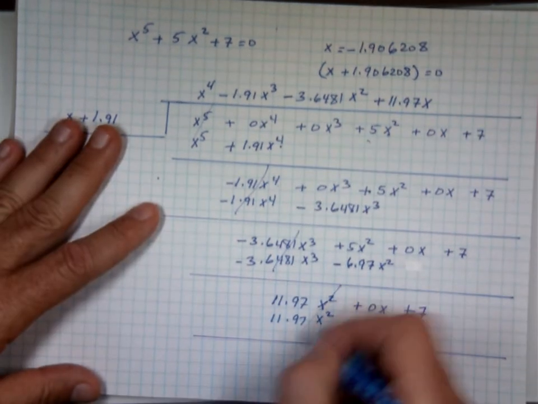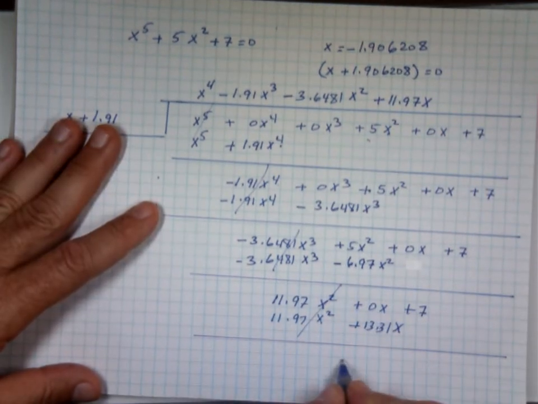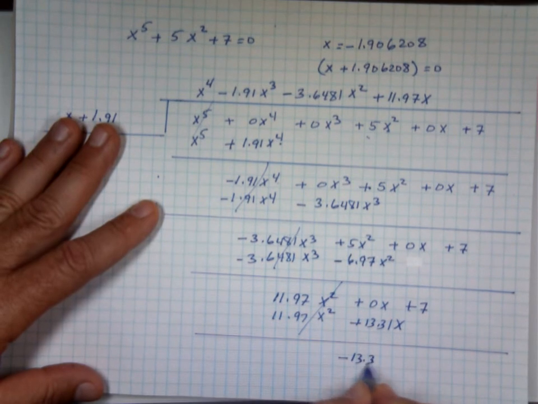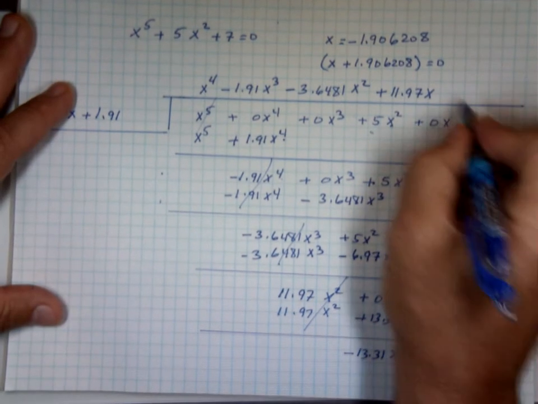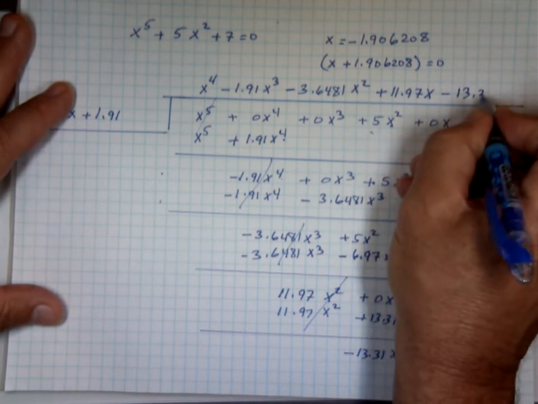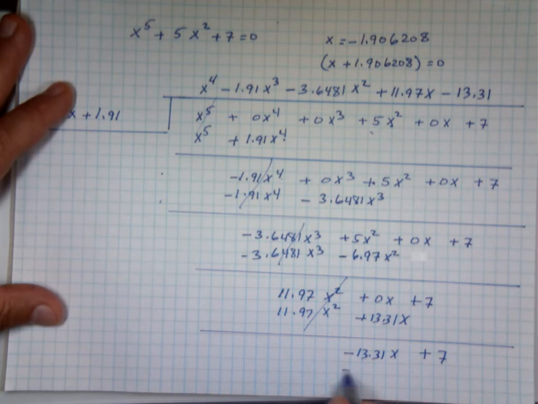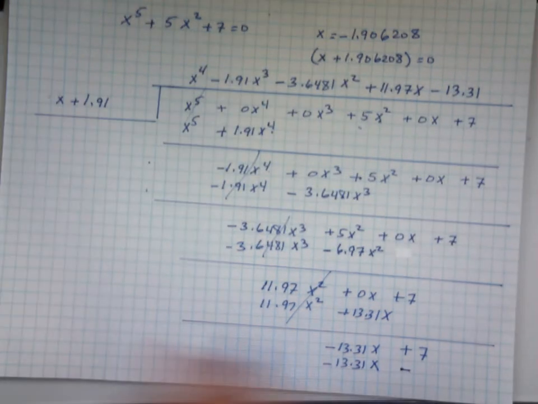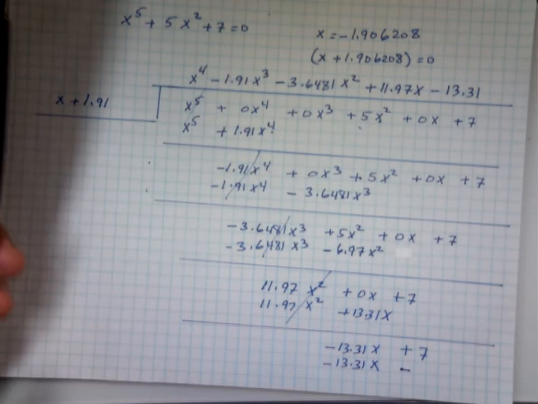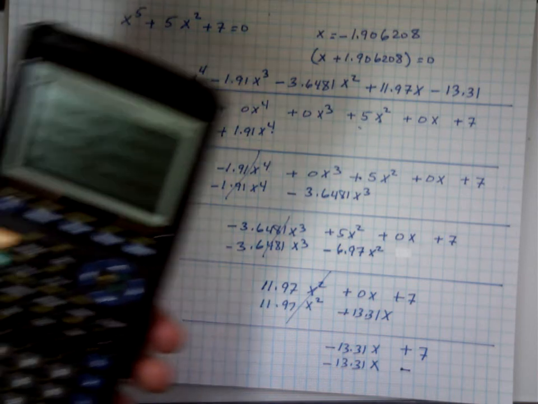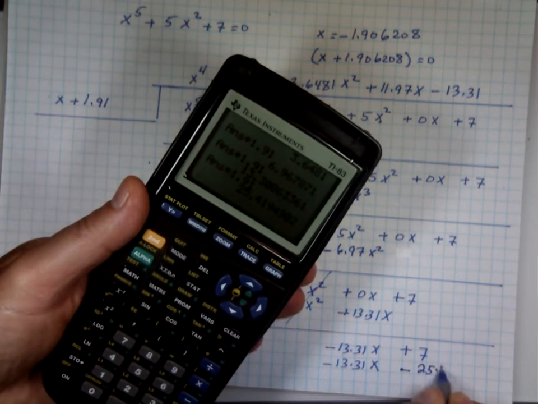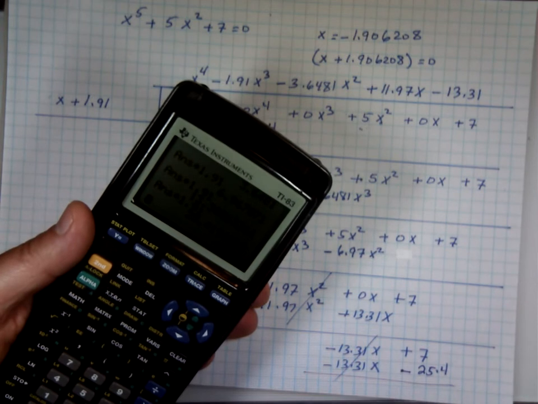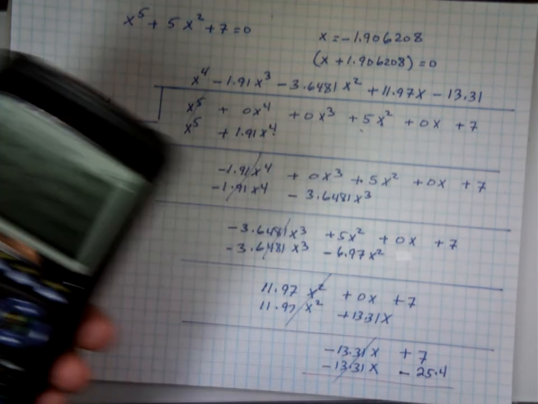Zero minus, that's a negative 13.31x plus 7. Divide that by this. This will be a minus 25.4. Gone.